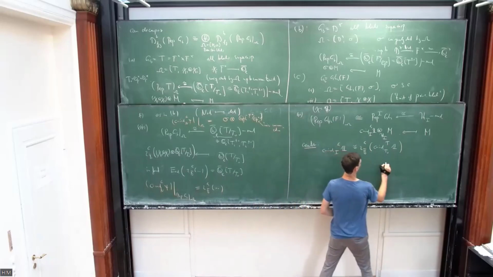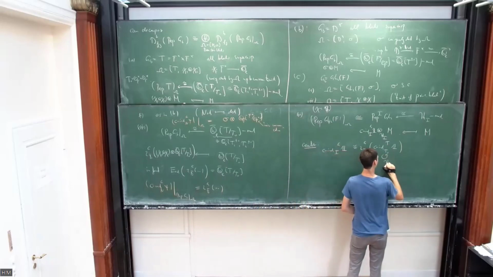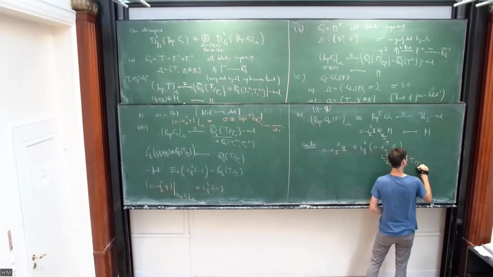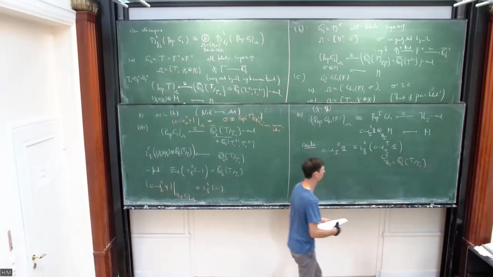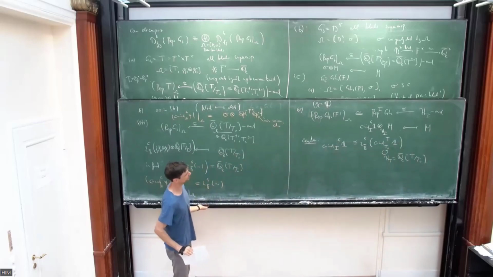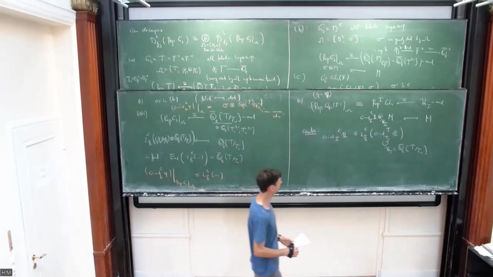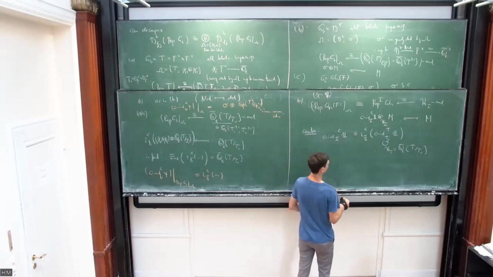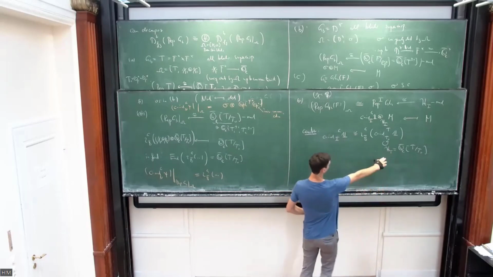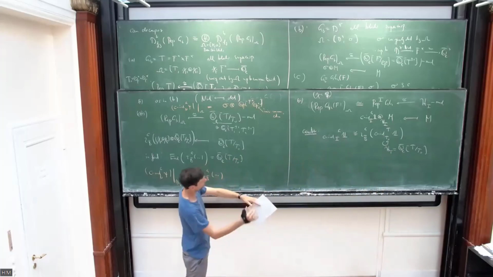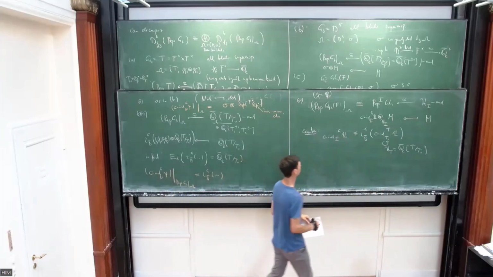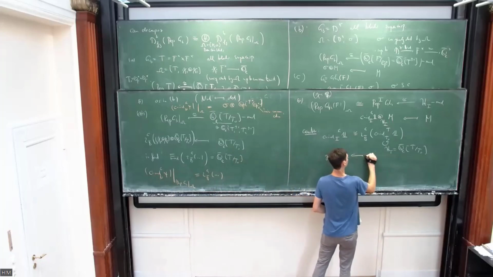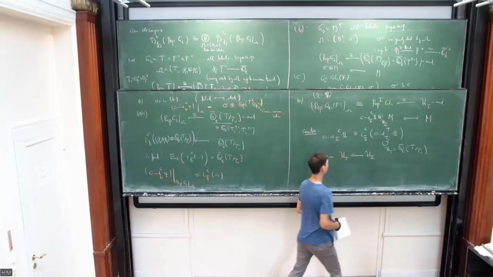Here I have the action of the Hecke algebra of T mod T naught. Hence this gives me an embedding of the Hecke algebra of the torus into the Iwahori-Hecke algebra, so this gives H_T in H_I.